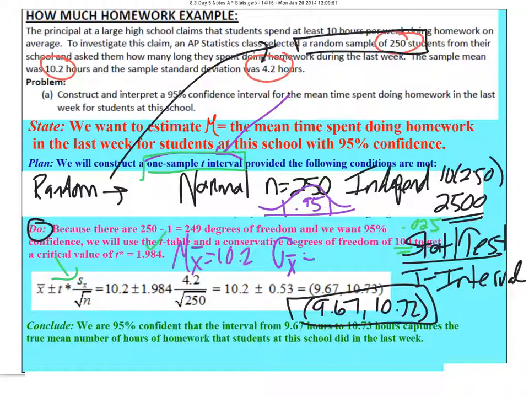In this case, remember, it's going to be the 4.2 over the square root of my sample size, which is 250. Now, the last thing you have to state is the degrees of freedom. So I'm going to put DOF, remember, is going to be 249. So they are looking for the fact that we have the mean there, we have the standard deviation of this listed, and we have the degrees of freedom. So we would be covered with our calculator speak.